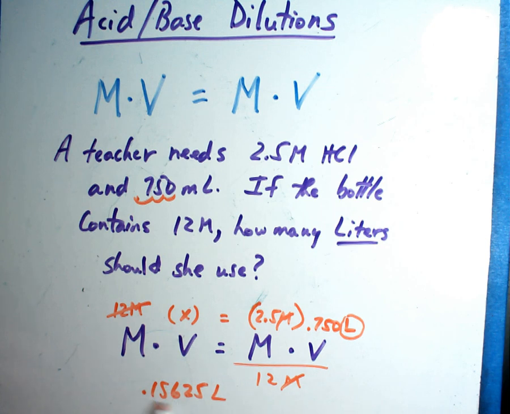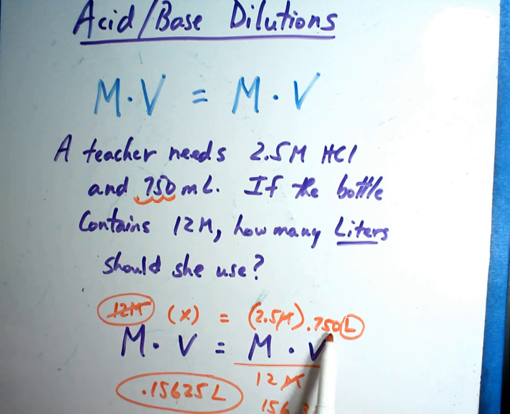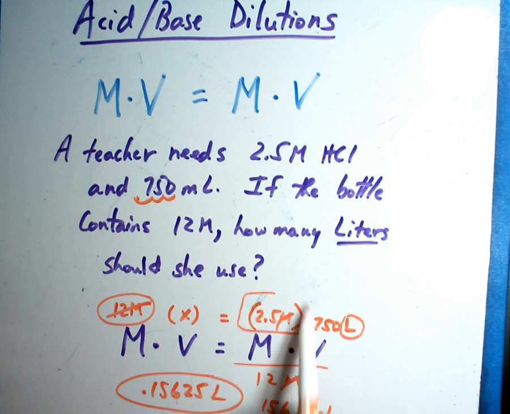If I move the decimal 3 spots back, I get 156.3 milliliters of that really strong stuff, and I dump it in 750 milliliters of water, and everybody's going to have a safe amount.